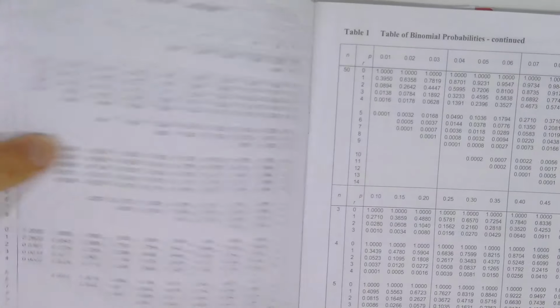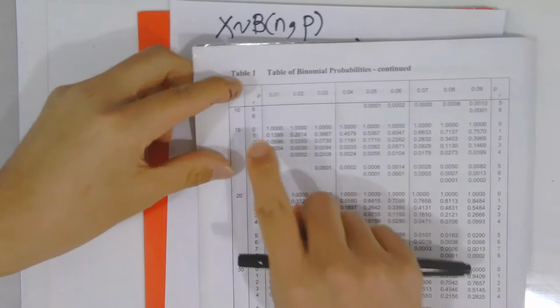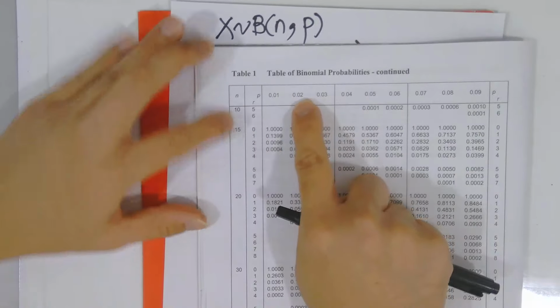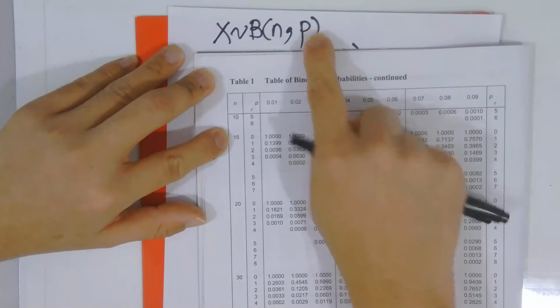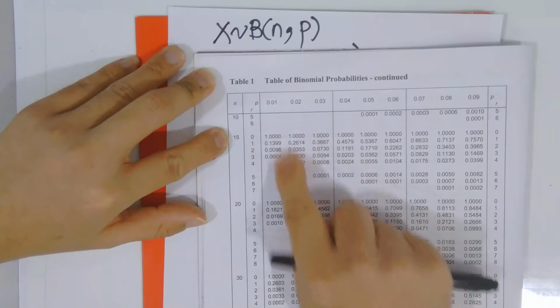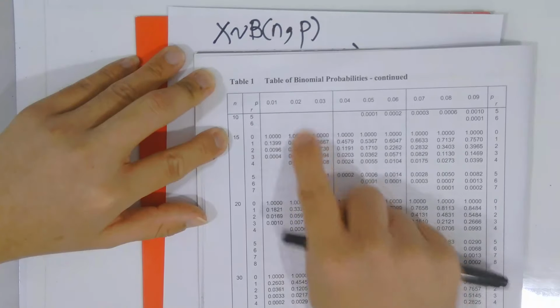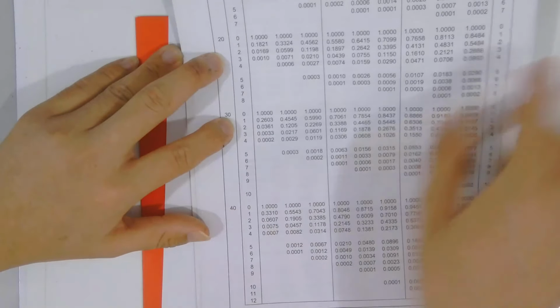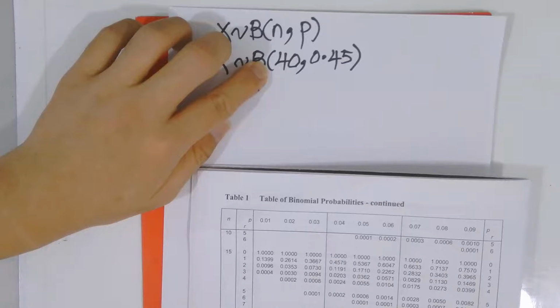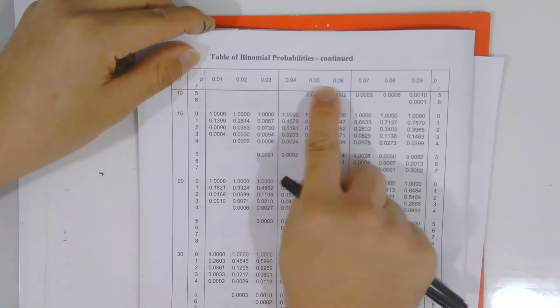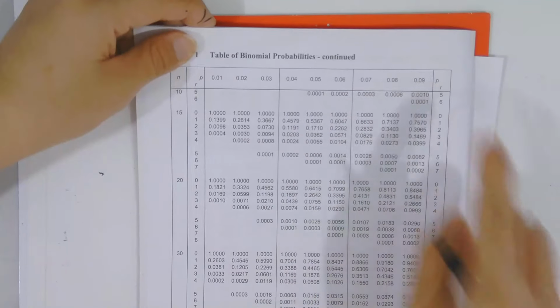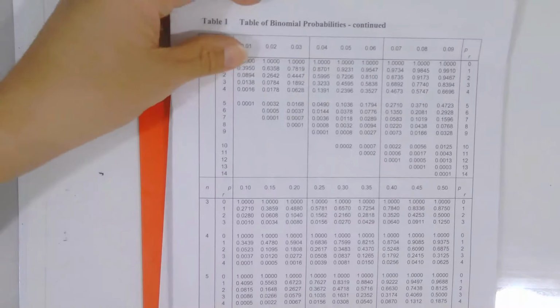If you see n is 15, p is 0.02, and this will become the column that I'm interested in. Now we go for 40. The sample is 40, but 0.45 is not above here. There is no value of 0.45 here. It means this is not the page that I want to find.